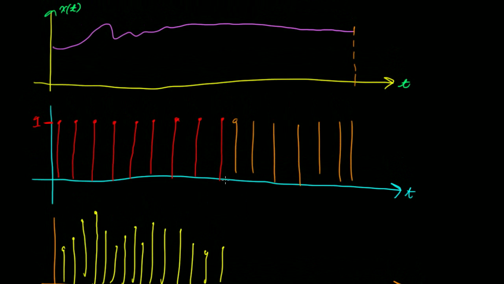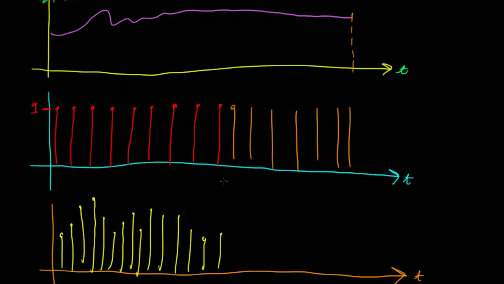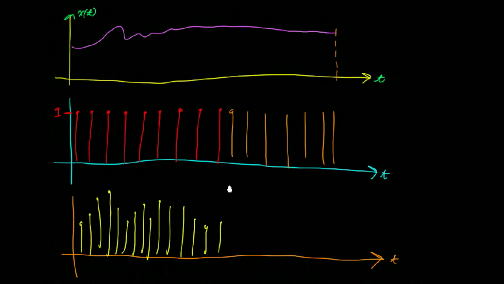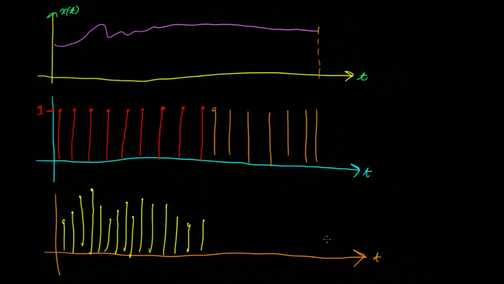So you can label this in two different ways. You can label it as having an x-axis of t, or as having an x-axis of n. If it's t, these are spaced at 1 over the sampling frequency. So if my sampling frequency is 10 hertz, then these should be at every 0.1 second.